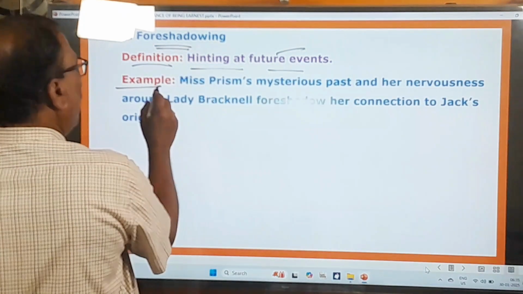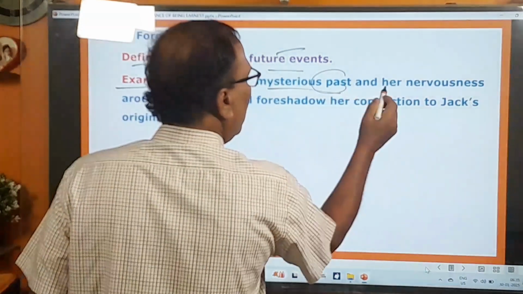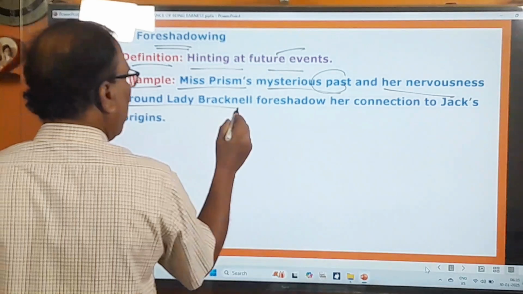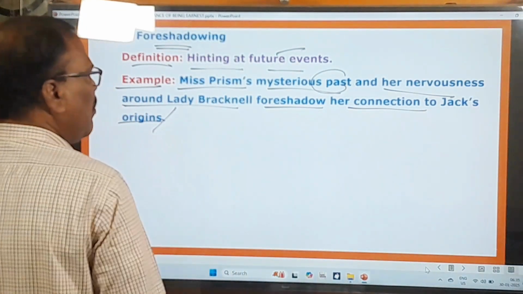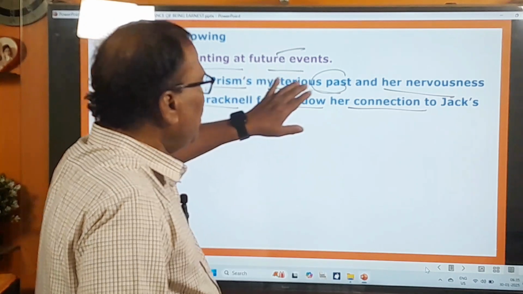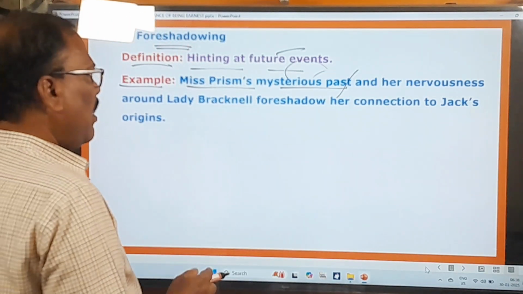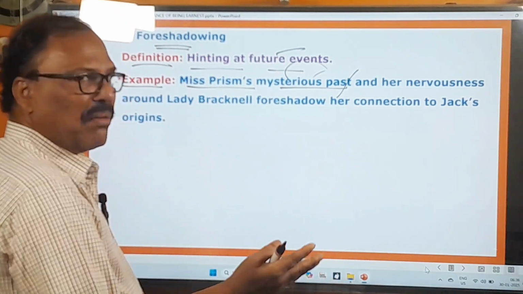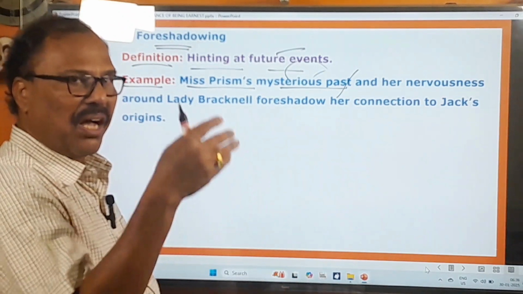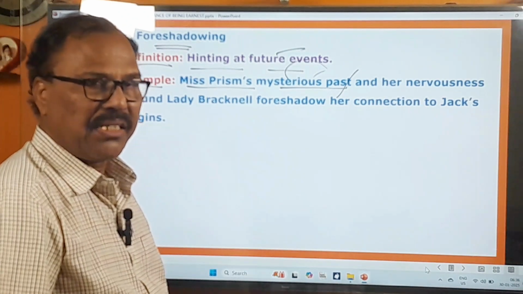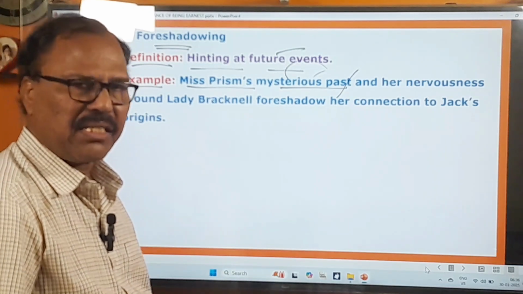And here the example: Miss Prism's mysterious past and her nervousness around Lady Bracknell foreshadow her connection to Jock's origins. So Miss Prism has not revealed her mysterious past to anybody, because once upon a time she worked in the house of that Jock as a servant, as a caretaker or something like that.